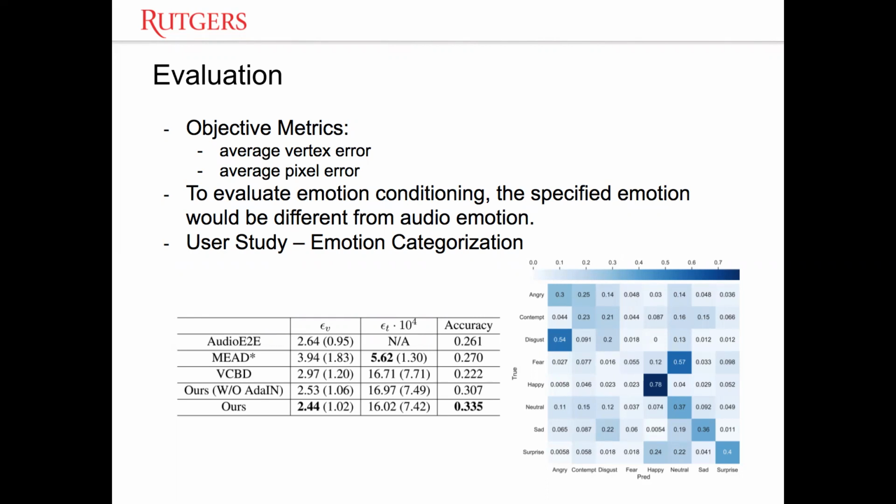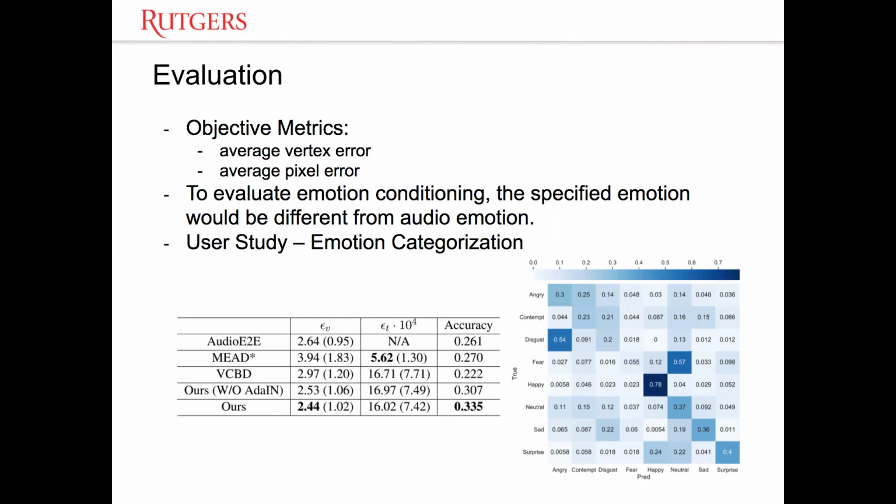So we conduct a user study. For any audio, we generate the 8 emotional outputs, and we ask the users, given this animation, please categorize it into one of the 8 emotions.